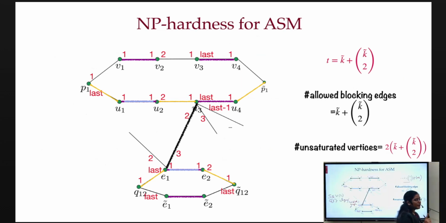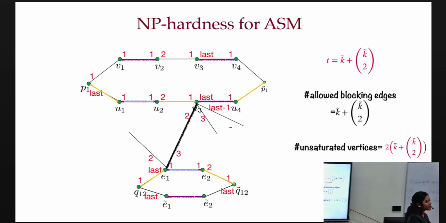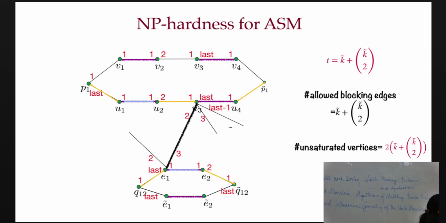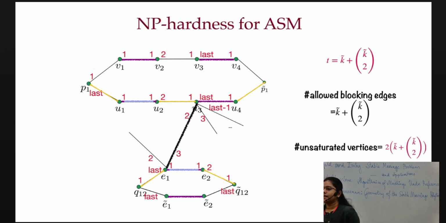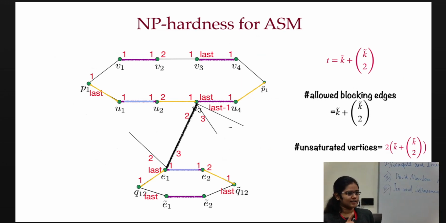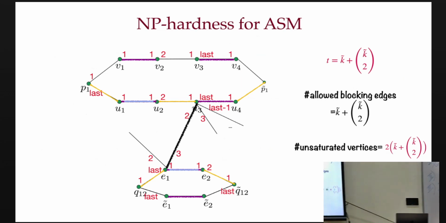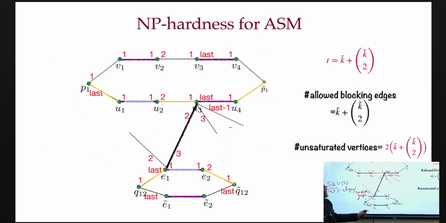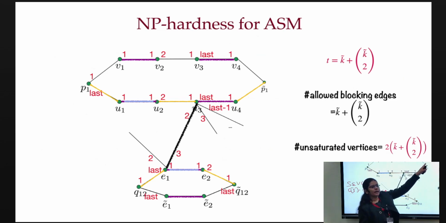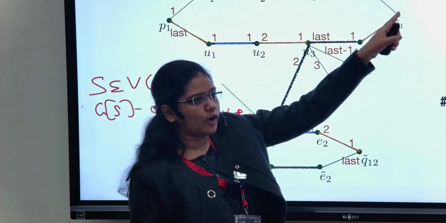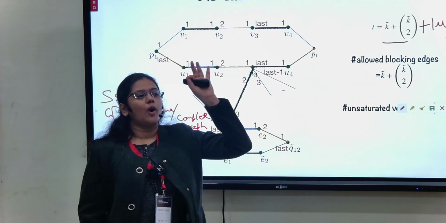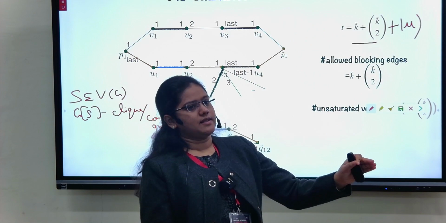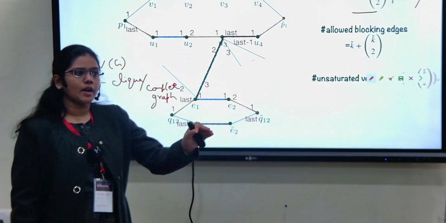We need to remember this: we are crucially using the fact that it is a multicolored clique. Because of that, I know that I have picked one vertex from every vertex class, so for every vertex class I do one augmentation. So I have saturated all P_i and all P_i tildes.